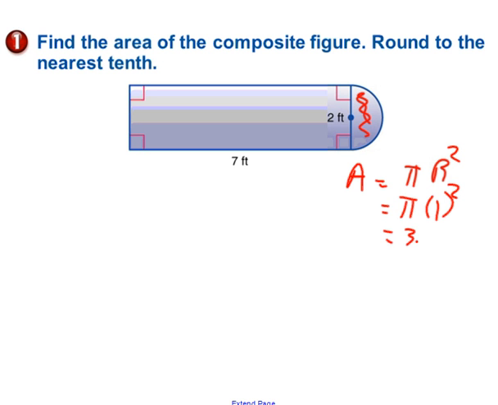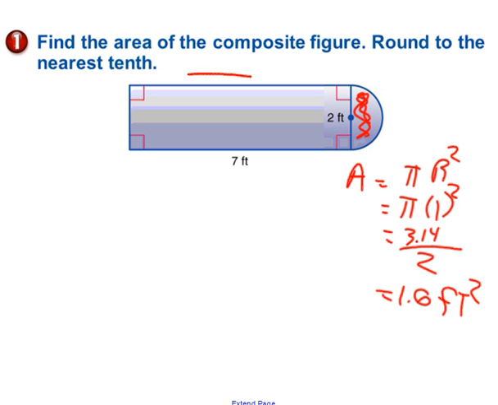Pi times 1 is 3.14 times 1 times 1. But I can only use half of that this time because I am only dealing with half a circle. So pi cut in half is equal to 1.57. So that's 1.6 feet squared.